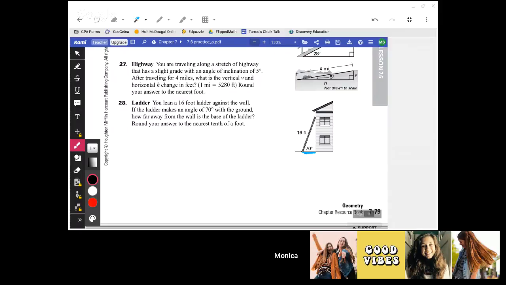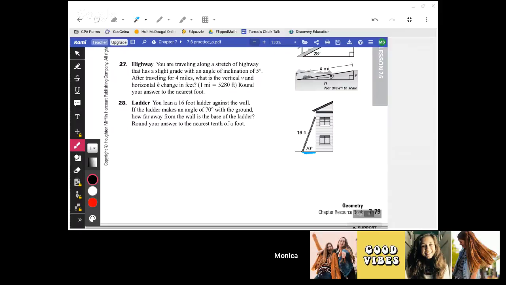So for that, if you look at that 70-degree angle, that side is the adjacent side. And 16 is your hypotenuse.